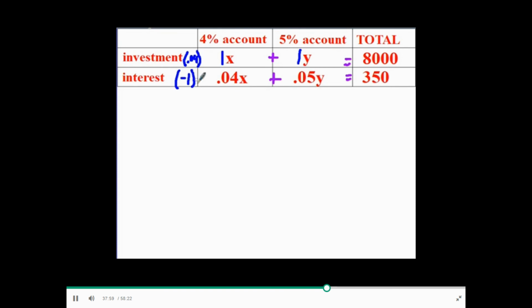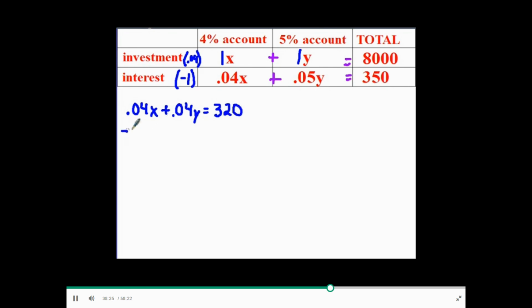I have to make one of these negative, so I'm going to choose the bottom one just to make it easier. Multiply that whole top line by 0.04, so that's 0.04x plus 0.04y equals, and I've got to do 0.04 times 8,000. That's going to give me 320.